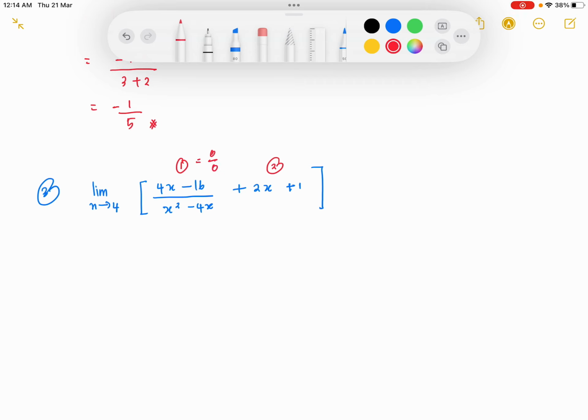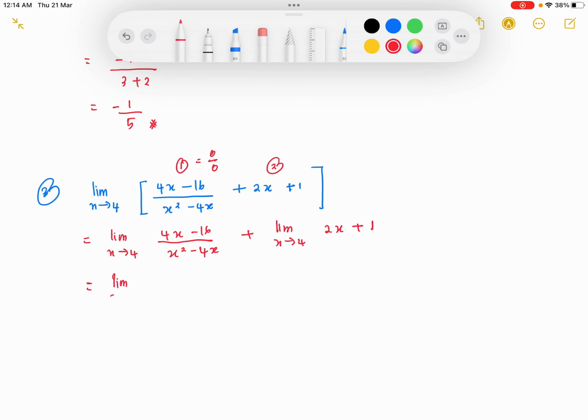Since we get 0 over 0, what we can do here is separate the limit. So equal to limit x approaches 4 of 4x minus 16 over x square minus 4x, plus limit x approaches 4 of 2x plus 1. For the first limit, since we get 0 over 0, we need to factorize.